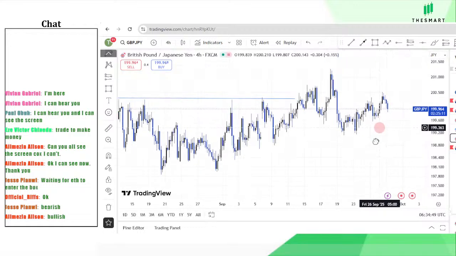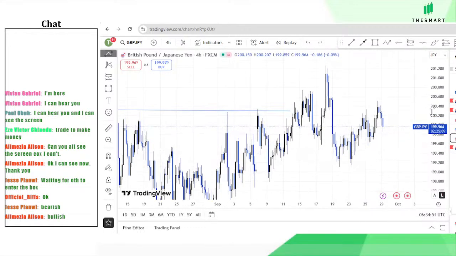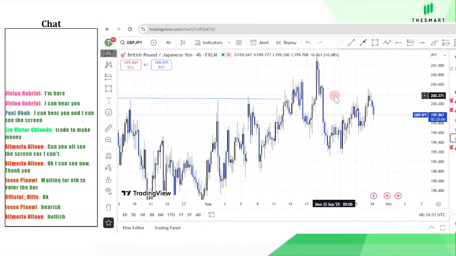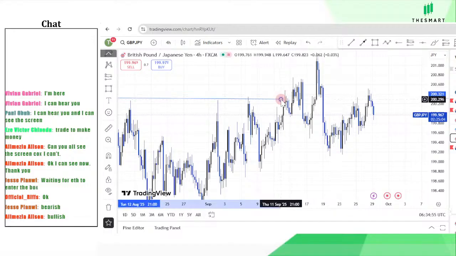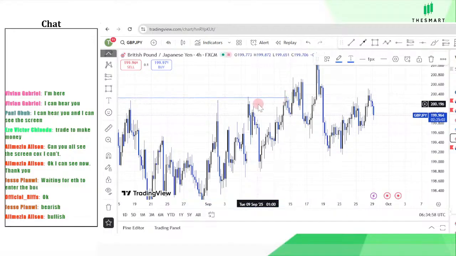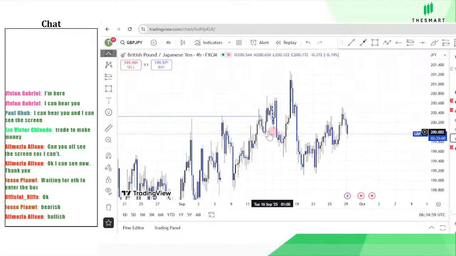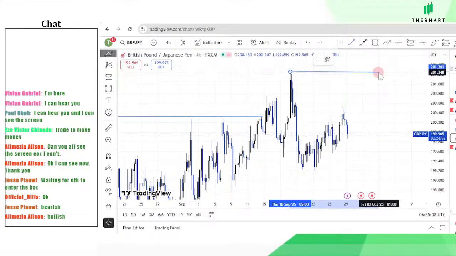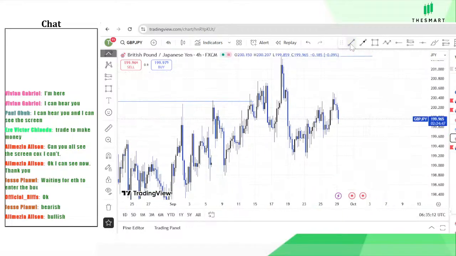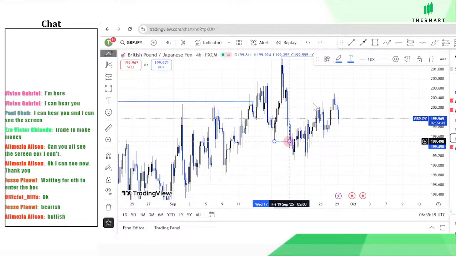Okay, so here on the 4 hours, this was the last break of structure marked on the daily. Let's look at this trading range we have at this point. This is the high of this movement, and at this point we already have a change of character on the 4 hours.